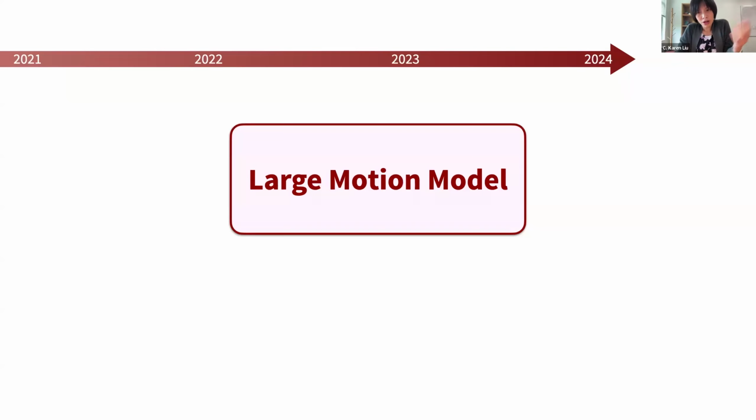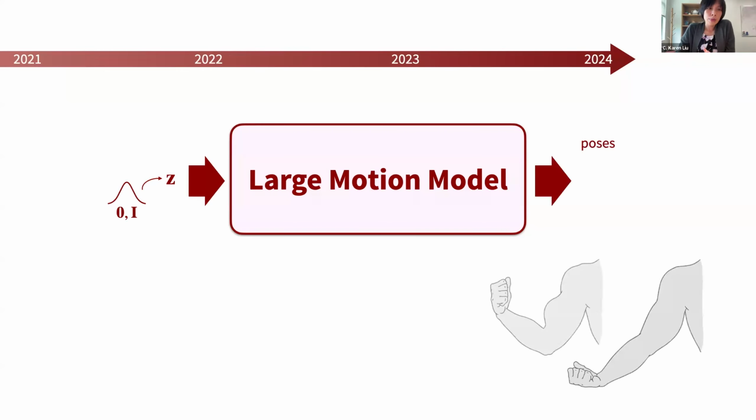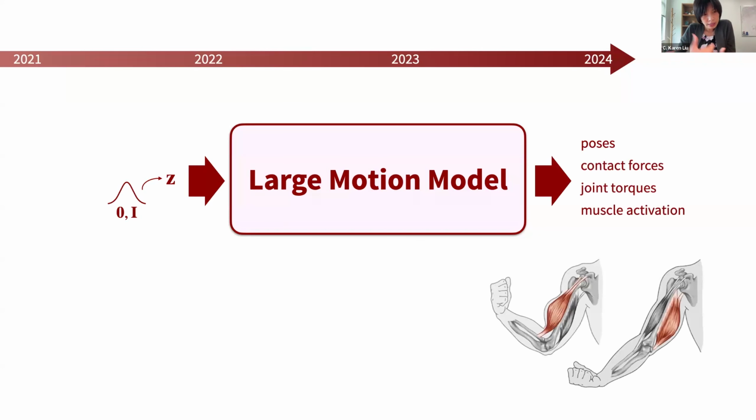And just like a large language model, when fed a random seed, it would generate infinitely long human motion that is random, but similar to the real human motion data. We can have the model predict not only the kinematics of motion, like body poses, but also the dynamic information such as the contact forces with the environment, the internal joint torques, the muscle activations, those dynamic information that give rise to the kinematic poses that we observe.